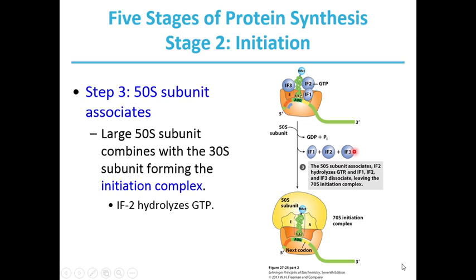Once the initiation factors are released, the 50S ribosome subunit, or the larger ribosome subunit, associates with the 30S ribosome subunit. And this results in the formation of the 70S initiation complex. Now remember, the 50S and 30S don't combine to form 80S.